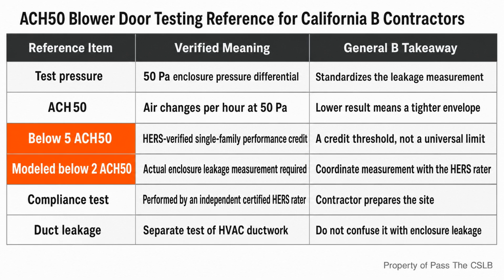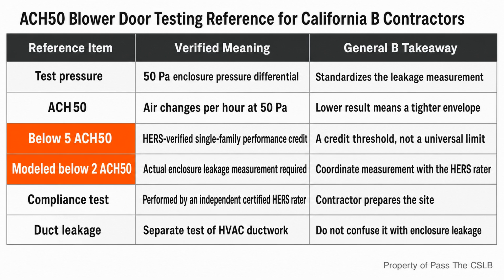A different rule applies when performance compliance modeling uses an infiltration leakage rate below 2 air changes per hour at 50 pascals. In that situation, actual dwelling enclosure leakage measurement is required. That is a measurement trigger tied to the modeled rate, not permission to assume a very tight value without testing.